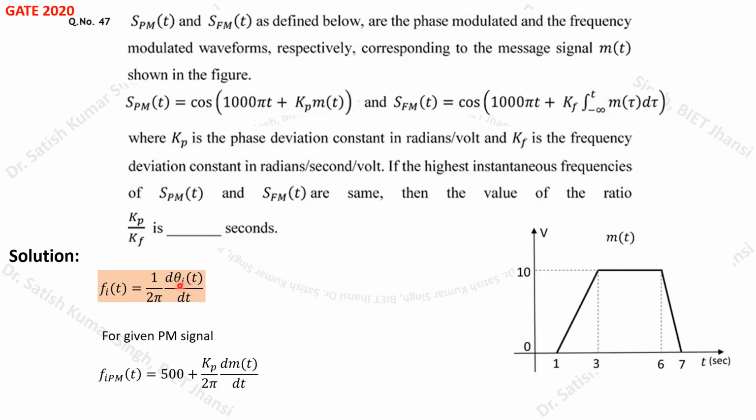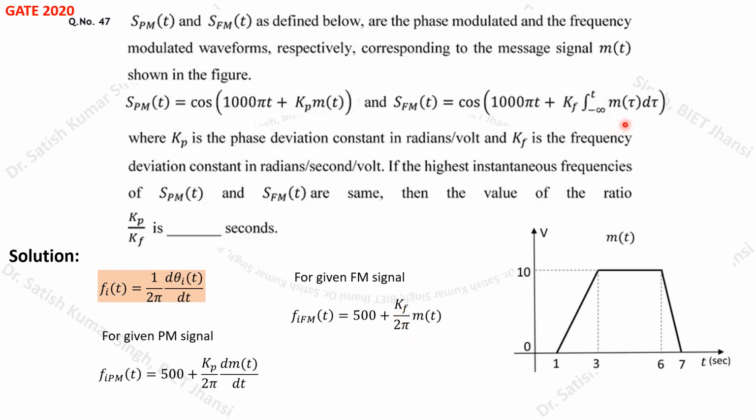Similarly, if we take θi(t) = 1000πt + kf ∫ from −∞ to t of m(τ) dτ and differentiate it with respect to t, you will get 500 + kf/2π multiplied by m(t).